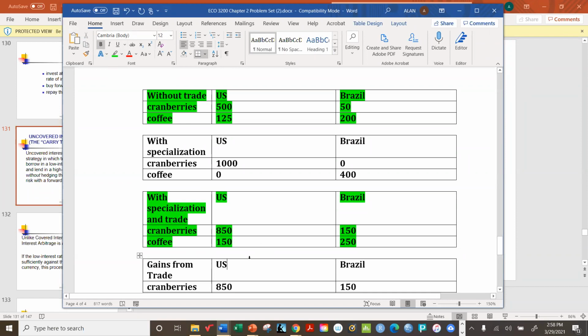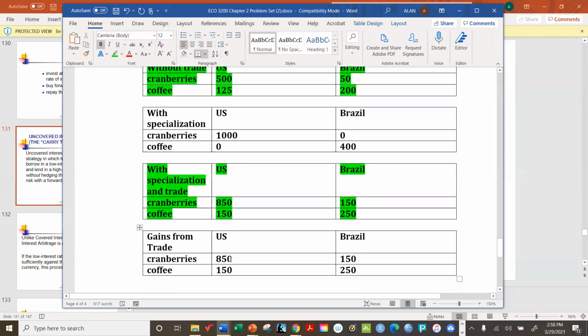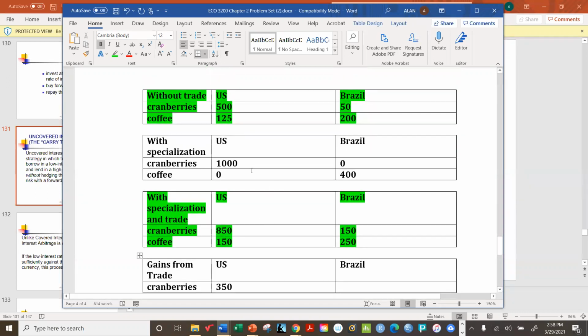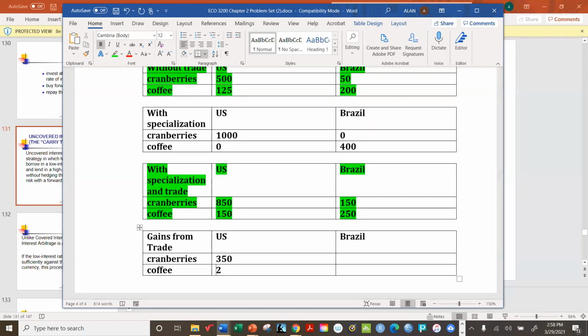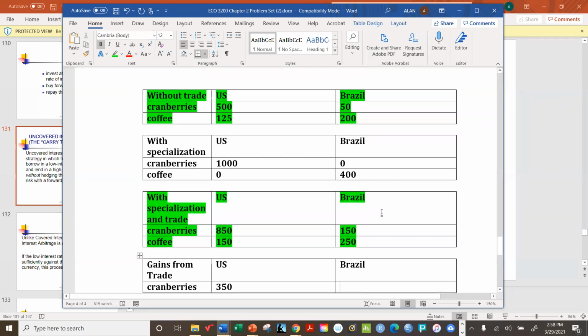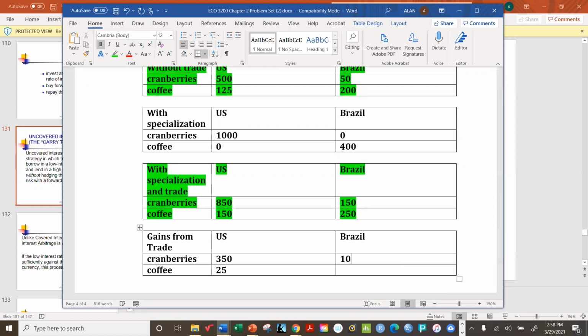So in order to figure them out, now the US went from 500 to 850 cranberries. So that means we must have gained 350 pounds of cranberries from this exchange. With the coffee, we previously had 125, now we have 150, so we gained 25 pounds of coffee. With Brazil, we previously had 50 pounds of cranberries, now we have 150.